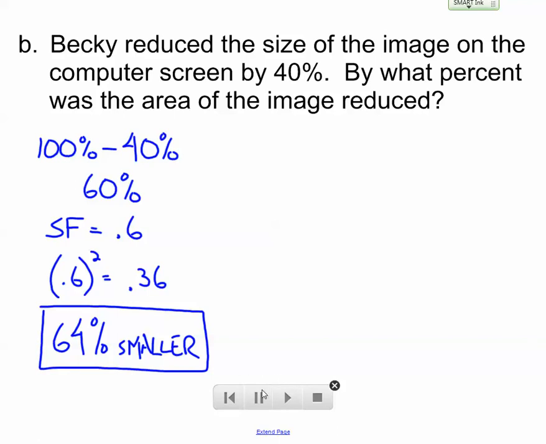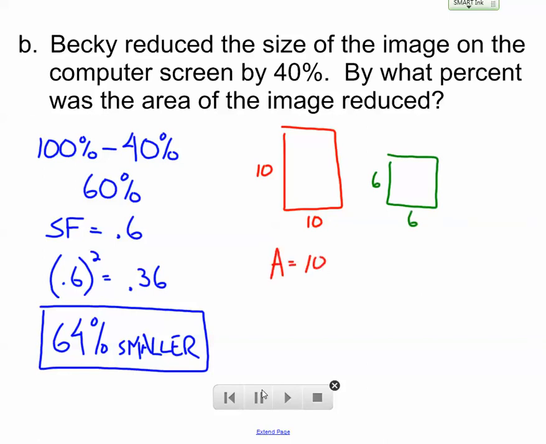Now we can show this with the drawing here. We could say that the original computer image is, let's say, 10 by 10. And then we can say the new computer image is, I'm sorry, 6 by 6. That would be 40% less. The area of the large would be 100 square units, and the area of the small would be 36 square units.